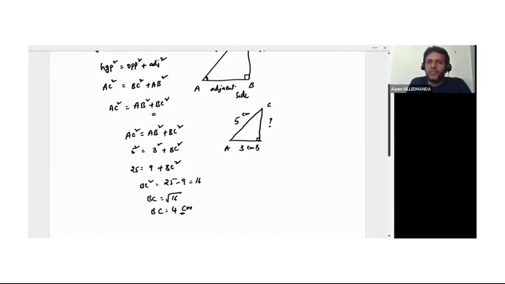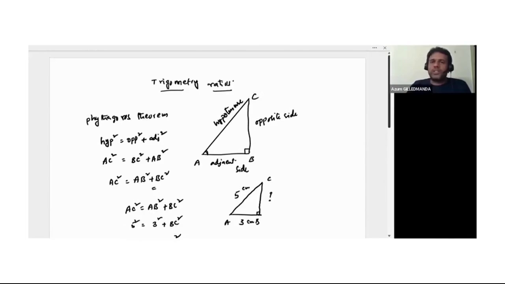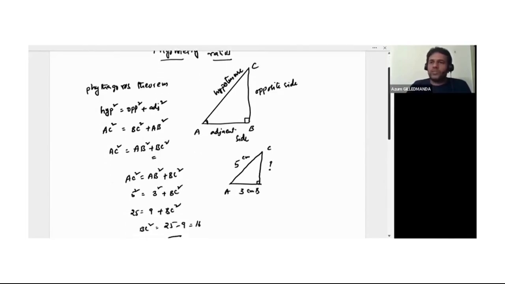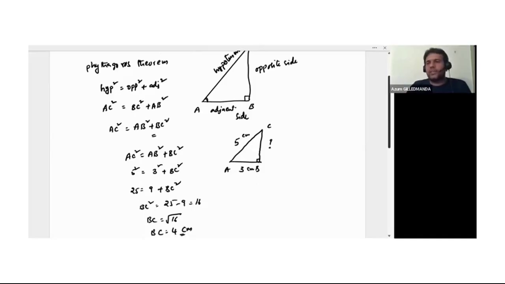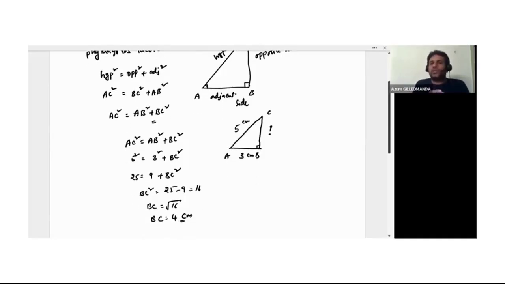Like that, Pythagoras theorem is helpful in finding the third side if we know two sides in a right angle triangle. Now I will tell you why we are talking about Pythagoras theorem in trigonometry. Trigonometry basically deals with right angle triangles and the ratios. Why those ratios are useful, I'll tell you.